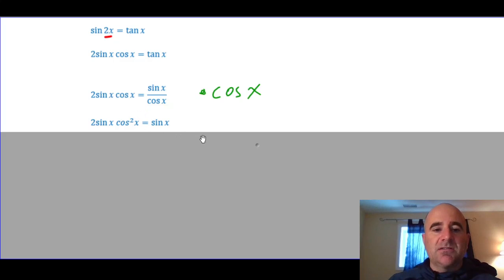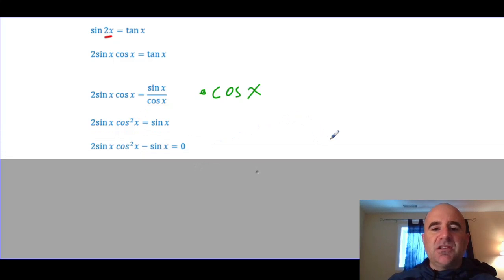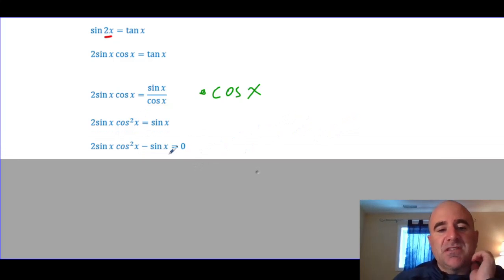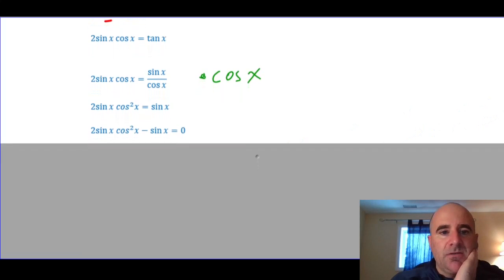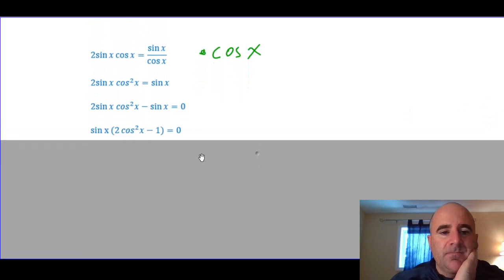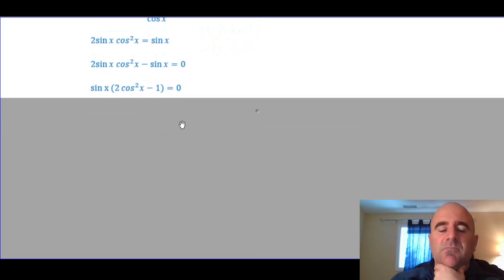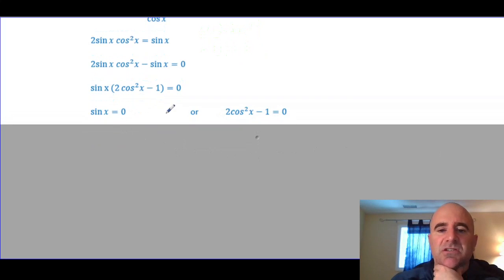I get a cos squared x. And then just like many of the other equations we worked with, set it to 0 with the idea that maybe I can factor. And sure, you can factor out a sine x here. And when you factor this common factor of sine x, you're left with 2 cos squared x minus 1. So one of those has to be 0, either sine x equals 0 or 2 cos squared x minus 1 equals 0.